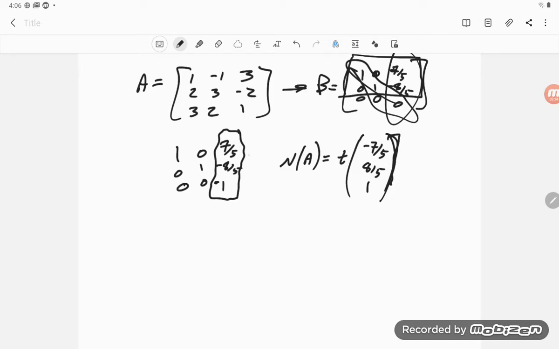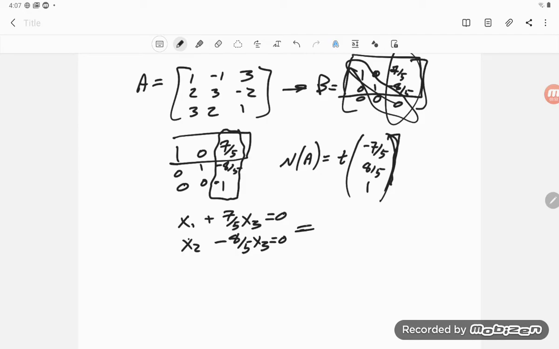And again, where is that coming from? Why does that make sense? Well, this first row says x1 plus 7/5 x3 is equal to 0. And the second row says x2 minus 8/5 x3 is equal to 0.